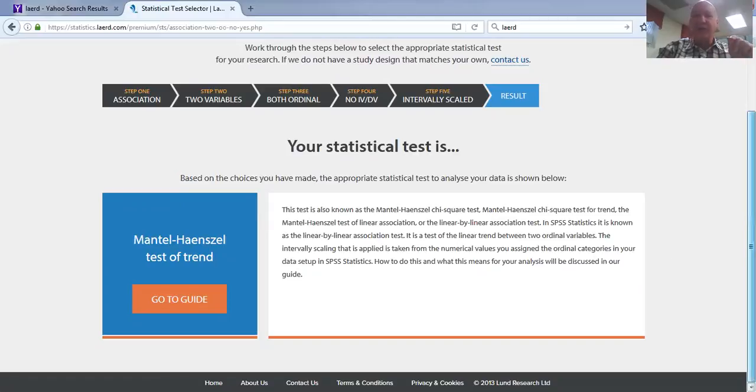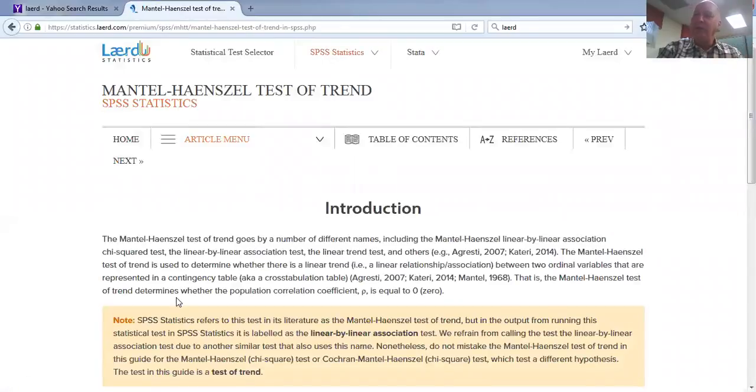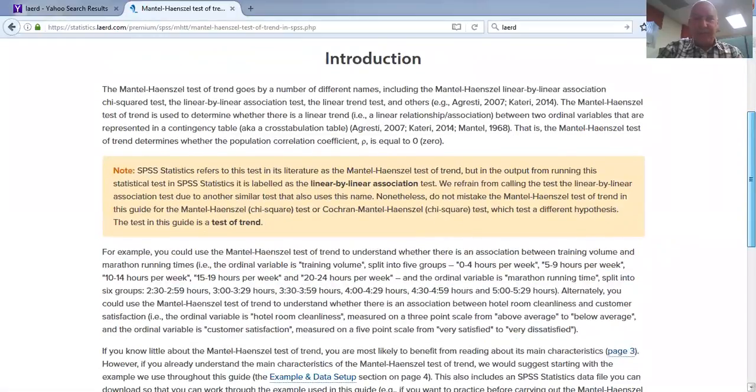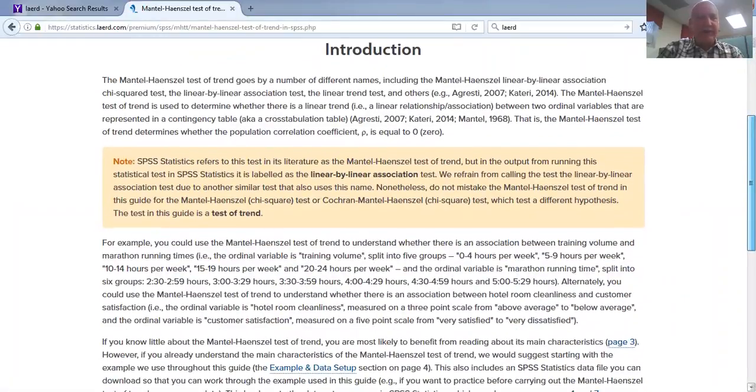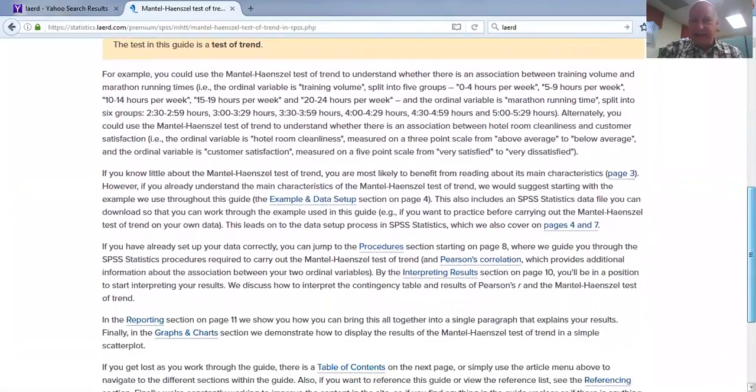So that's what you're going to run through the statistical test: the numbers of responses, what you would expect, and what you actually got. It's a linear association chi-square test.